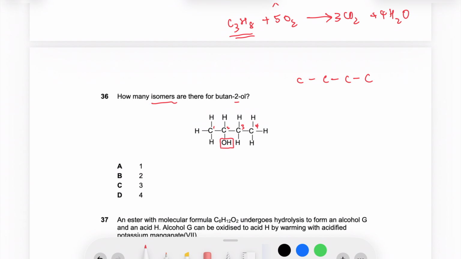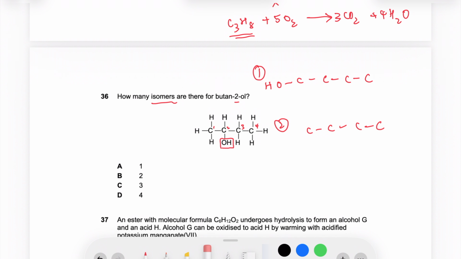So you can connect to the first carbon, that's 1 isomer. Second isomer, if you connect to the third carbon, this and the original one is actually the same because you can just flip it around. Left becomes right, right becomes left. So this one is not considered an isomer.